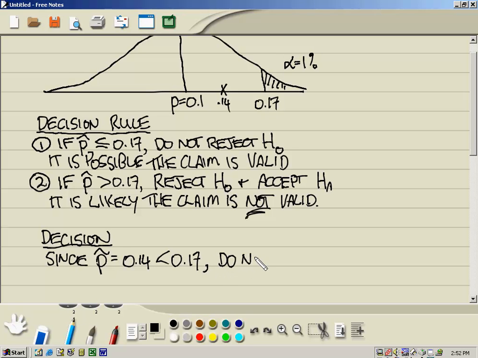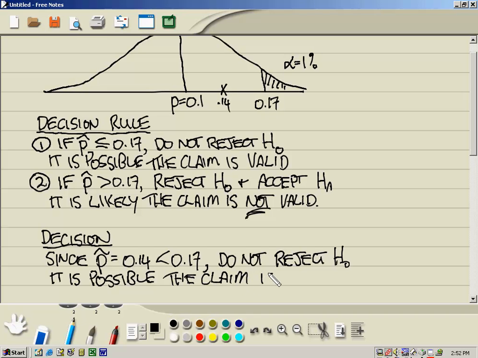We'll say do not reject the null, and follow along with the interpretation: it's possible the null is correct, or it's possible the claim is valid. And that's the end of this one-tailed test.